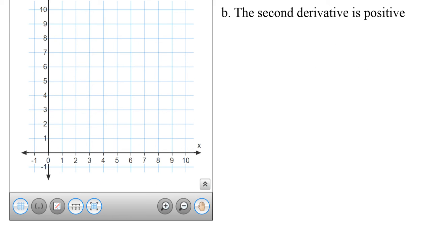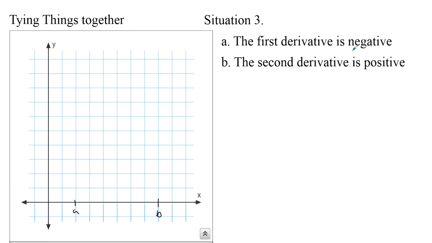We'll go back again, A and B. Since the first derivative is negative and the second derivative is positive, it should be decreasing over this interval, and because the second derivative is positive, it should be concave up. So if I go from here to here, I'm definitely going to be decreasing. And I want to draw in a curve that's concave up, so I'll have something that looks like that.